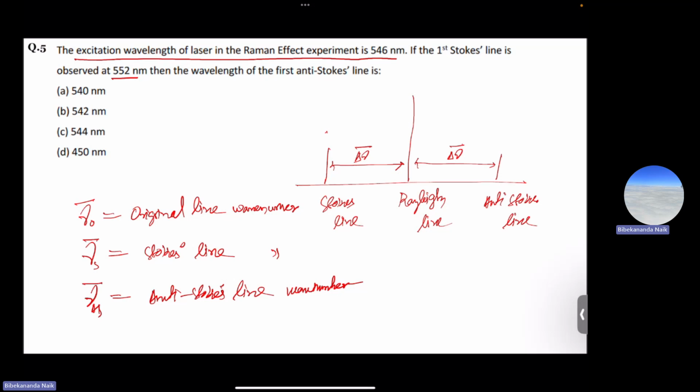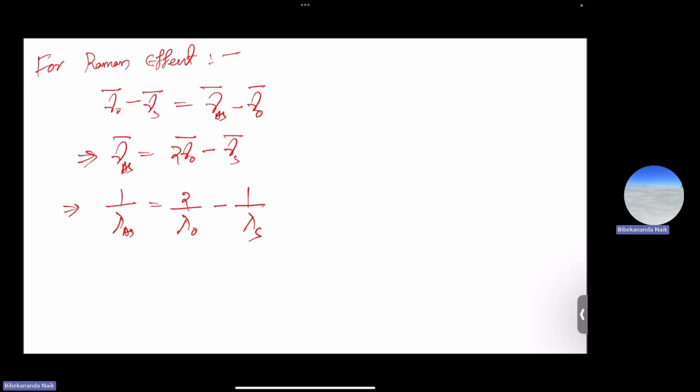Here, what is lambda 0? Lambda 0 is 546 nanometer, that is the incident light wavelength.